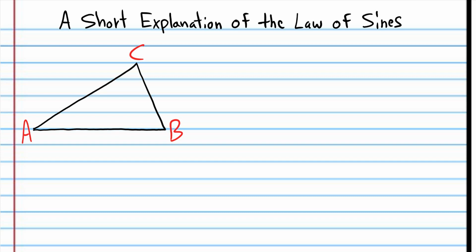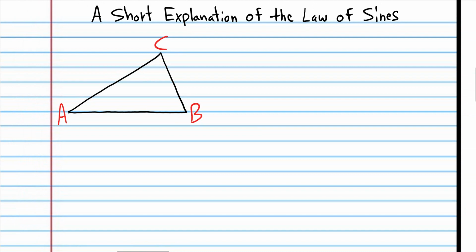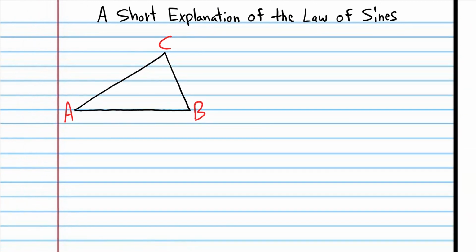But the explanations for the law of sines and law of cosines are fairly straightforward, so we're just going to quickly show you an explanation for why the law of sines is true.